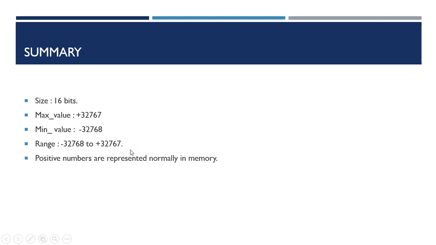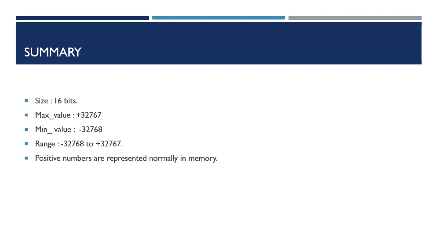As we know, the short data type is used to represent two kinds of values: positive and negative. If I assign a positive value to the short data type, it is represented normally in memory in binary format.